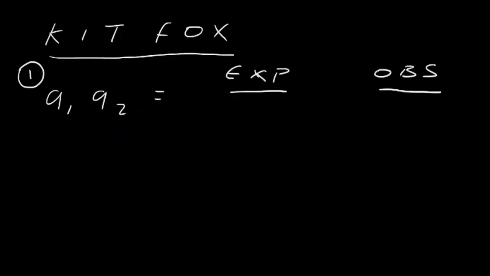Let's jump back to our kit fox example and put a couple of numbers in there. From our Hardy-Weinberg calculation, we expected the frequency of the A1, A2 heterozygous genotype in that population to be 0.48, or 48% heterozygotes.